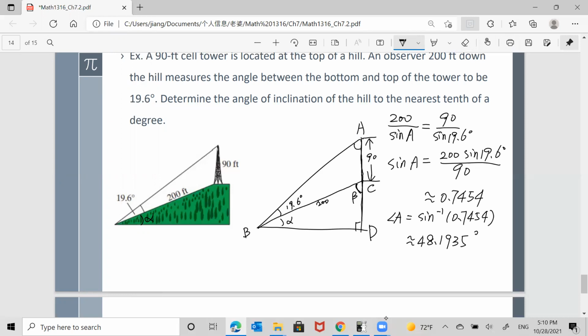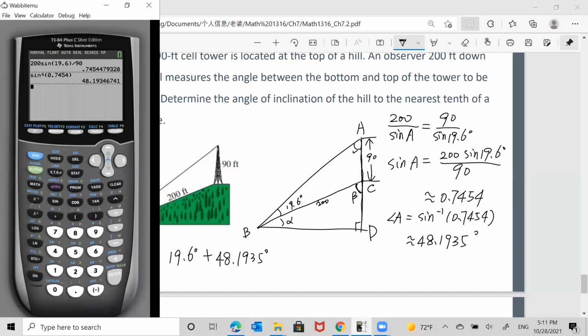So now that I have this angle, I can put beta equals 19.6 degrees plus 48.1935 degrees.